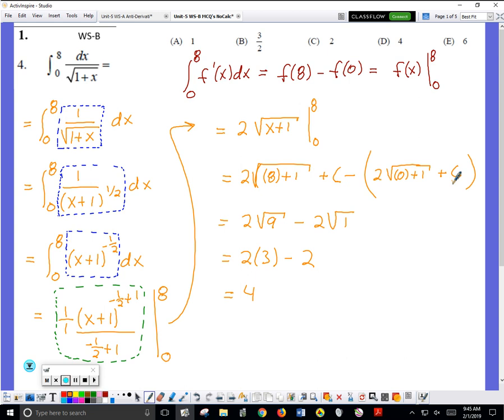Cool. Anybody else? Please. Will that always happen? Because what's always going to occur is when I'm finding the integral, remember, I'm thinking of this as f prime. And so I've got to find f. So f is the green, plus a constant always.